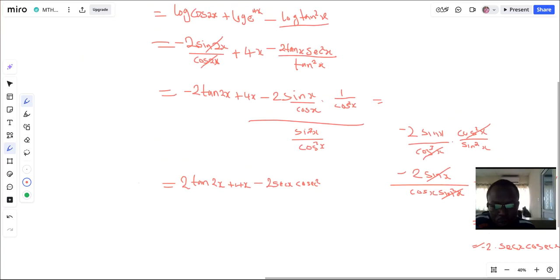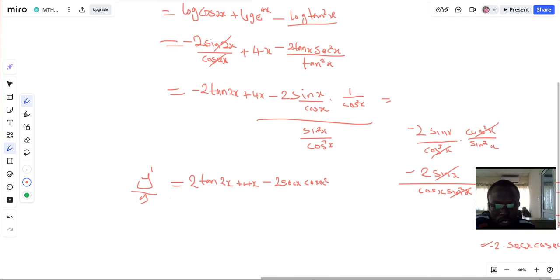But here we are still with y prime over y, since we take the log of y, so we have to make y prime the subject of the formula, and this y prime now is equal to y into tan square x plus 4x minus 2 sec x cosec x.